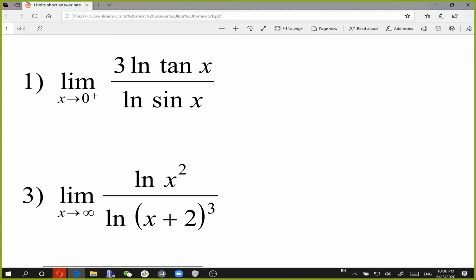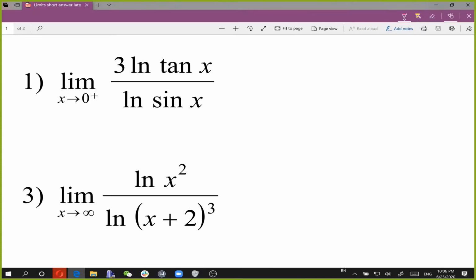Alright. So this first one, I'm plugging in 0 from the right, so I'm going to go ahead and plug in 0 first. If I plug in 0, then I'll have the tangent at 0 up on top, and I'll have the sine at 0 here. Now, the natural log at 0 does not exist, but the natural log at 0 plus a little bit would be negative infinity.